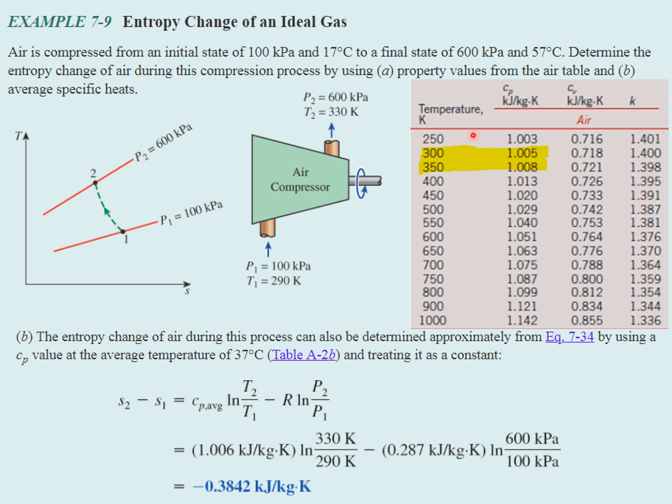You could interpolate, but again, these values for Cp are so close, it's not going to make a whole lot of difference here. So I took these two values, added them up and divided by 2, and got 1.006. Then log of the temperatures minus R times the log of the pressures. So I got minus 0.3842 kilojoules per kilogram Kelvin, which is pretty close to the first method. So it's not a bad approximation.